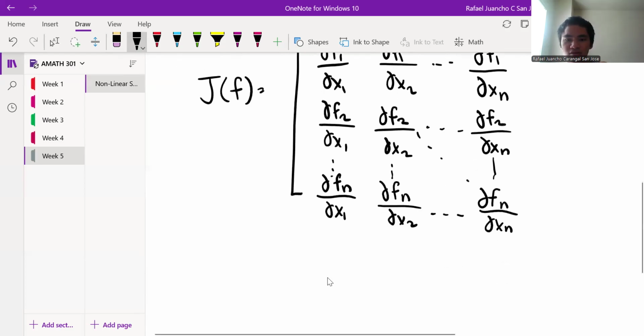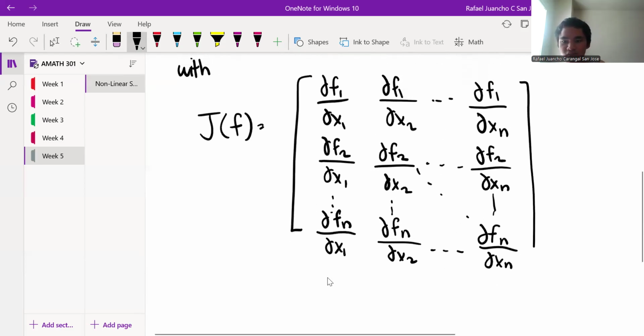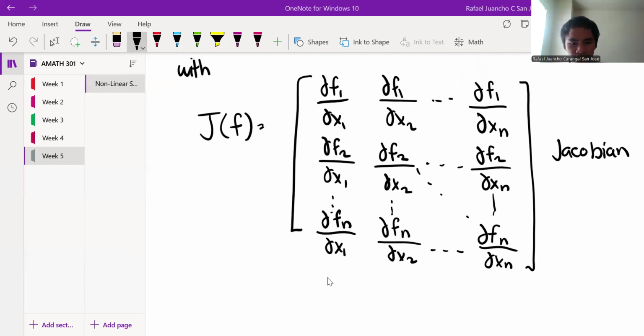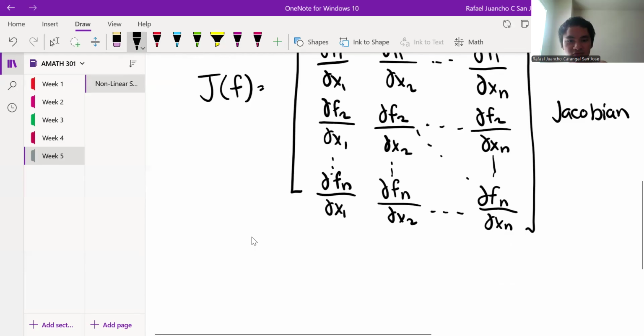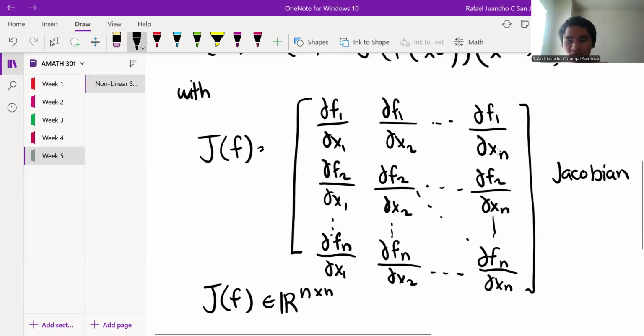And so we say that this is a Jacobian. That's what it means. And so if we want to characterize this thing, well, the Jacobian is just an element of all real numbers, n by n, right?